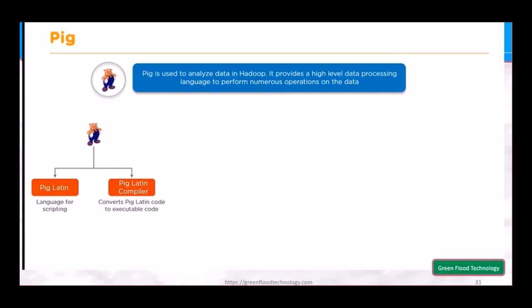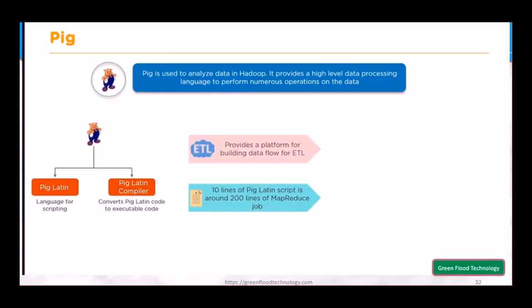The compiler internally converts Pig Latin into MapReduce. So it provides the platform for building data flow for extract, transform, and load. That is, it gives you a platform for building data flow for ETL.